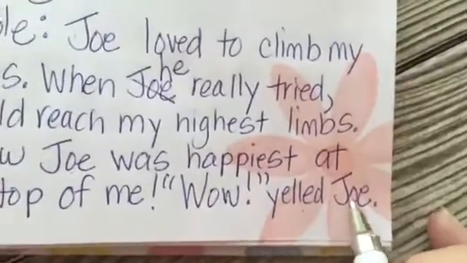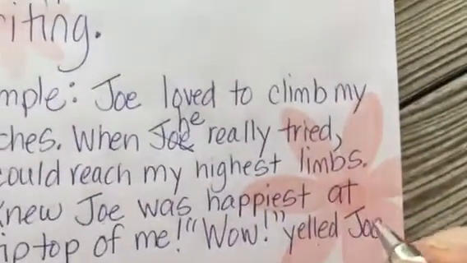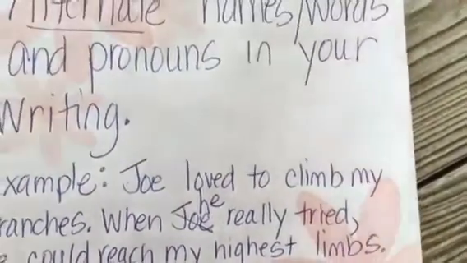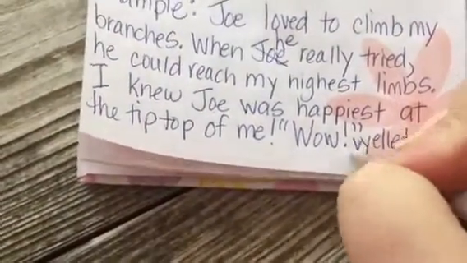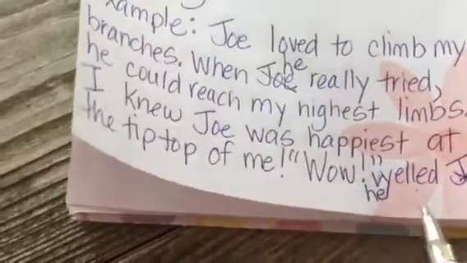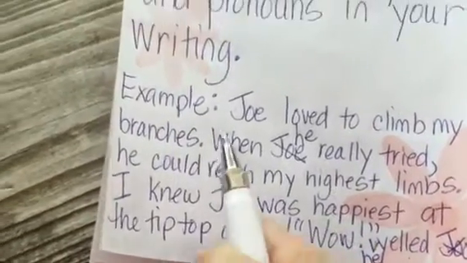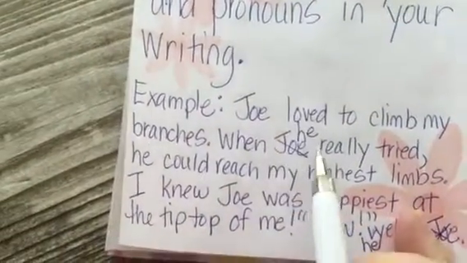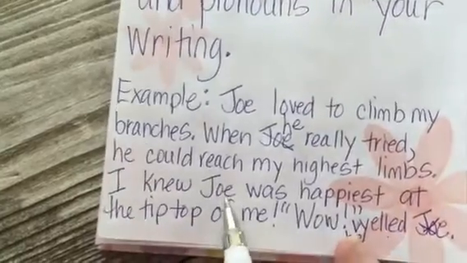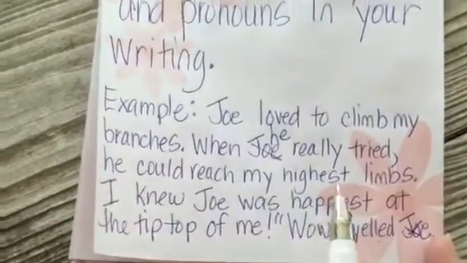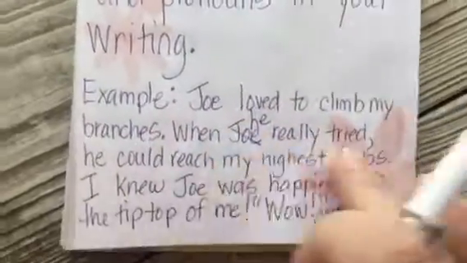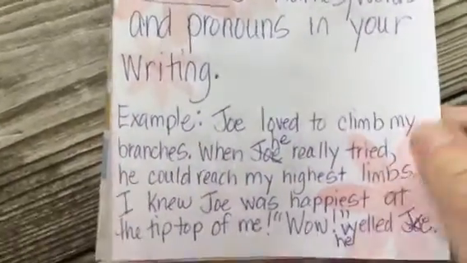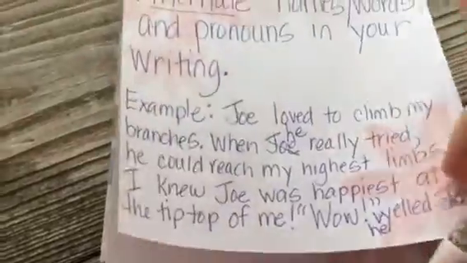Instead of saying Joe again right here, I'm going to change Joe and add he right here. He yelled. So now I have Joe in this sentence, he in this sentence, Joe in the next sentence, and he in the last sentence. So I've alternated the name and the pronoun to make it not sound all the same. Another good tip for us.